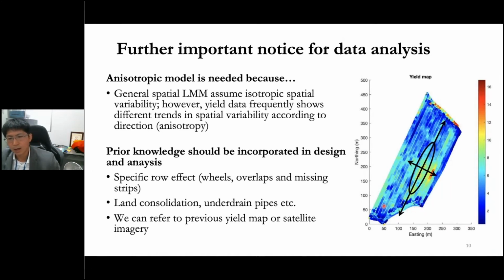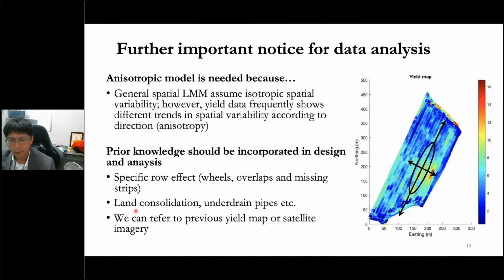In addition, prior knowledge should be considered in designing experimental plots or performing data analysis. For example, specific rows often have extremely high or low yields due to the overlapping of missing strips. And boundaries of land consolidations or under-drain pipes sometimes appear as crop marks.